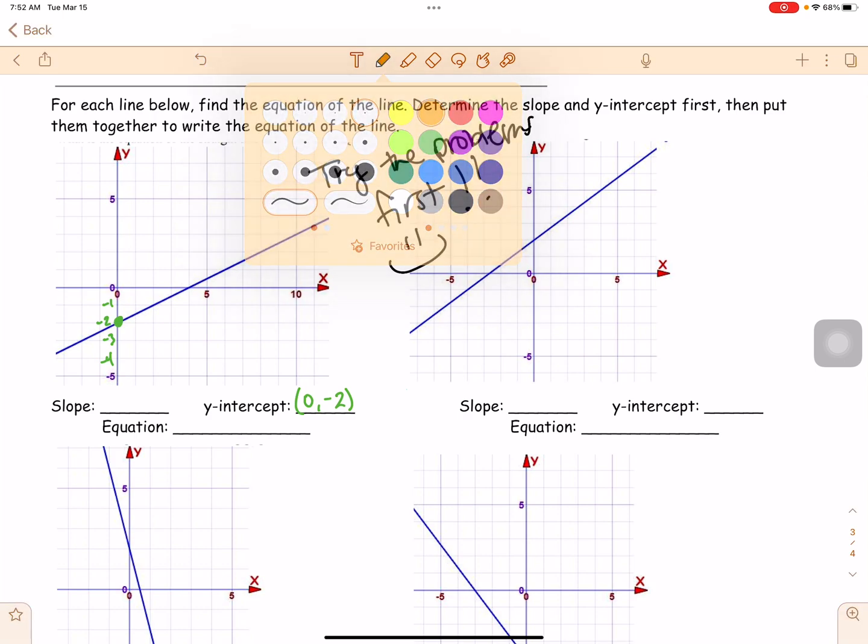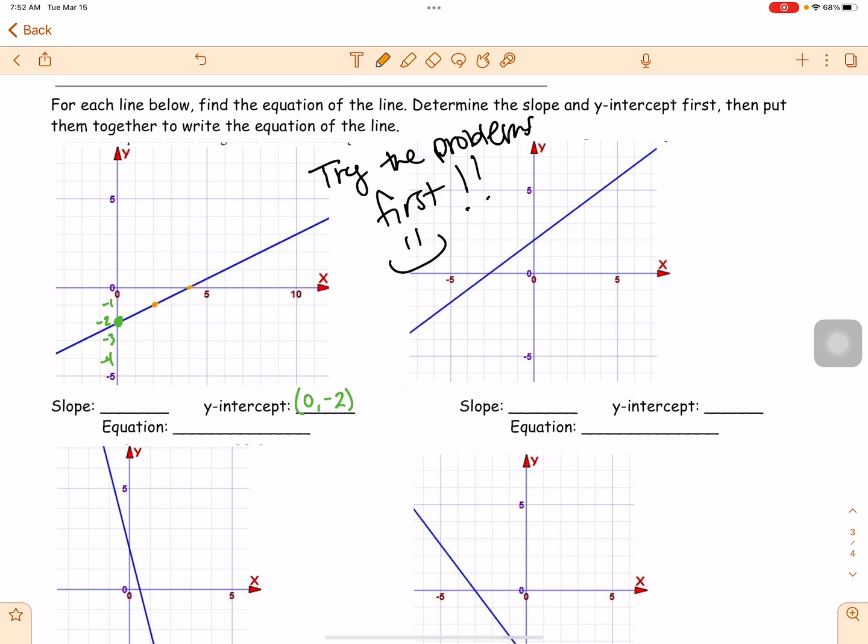So now for the slope triangle, I see I have lattice points here. So it doesn't matter which one you use, totally up to you. I'm going to use this one and then the one here on the x-axis. So it looks like up here they also go by ones, so that's helpful to know.